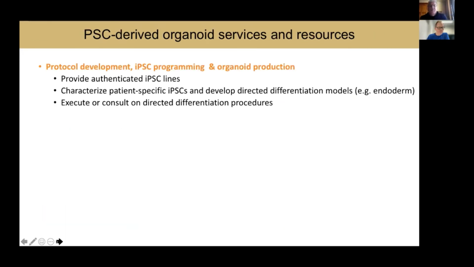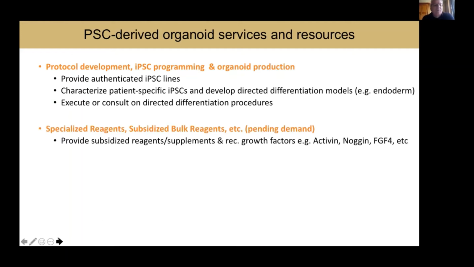So just going on to the pluripotent stem cell derived organoid services and resources, we provide authenticated iPS lines for organoid production. And if people have specific iPS lines, we can help with directed differentiation models as well. Again, we provide specialized reagents, subsidized bulk reagents for these types of cultures.